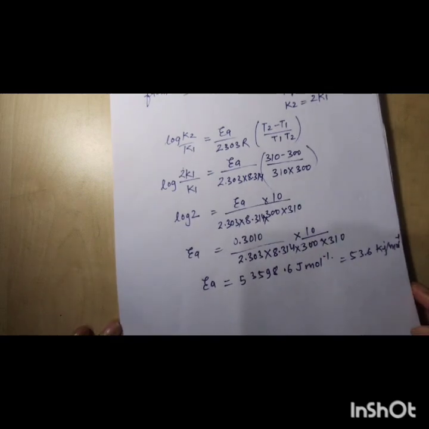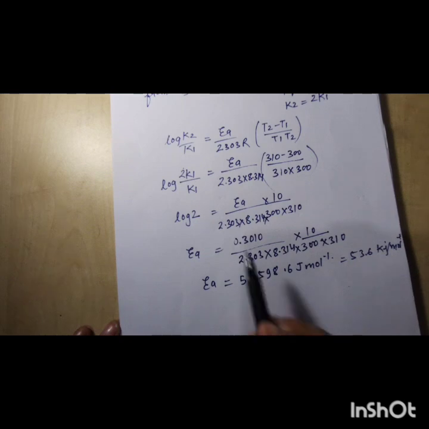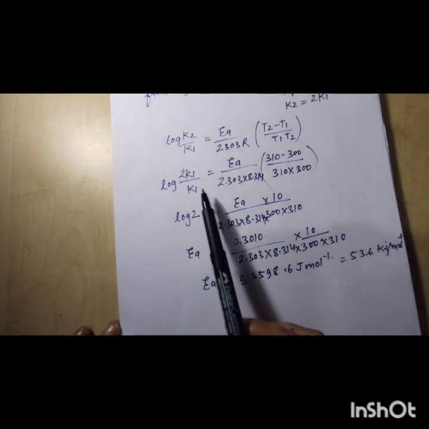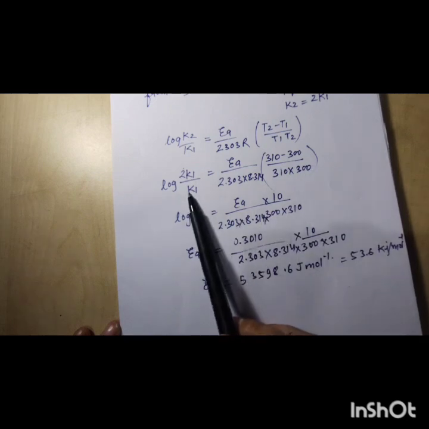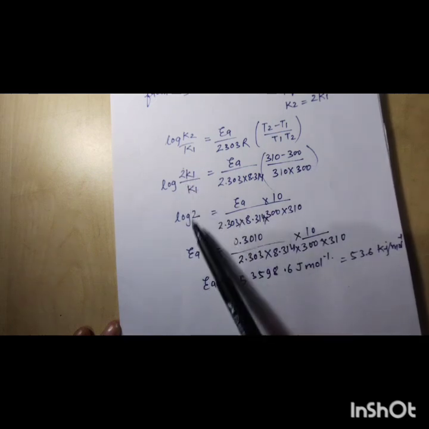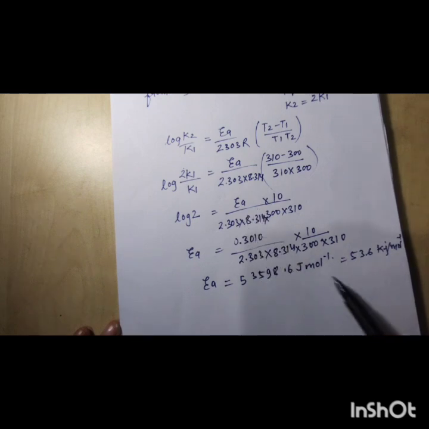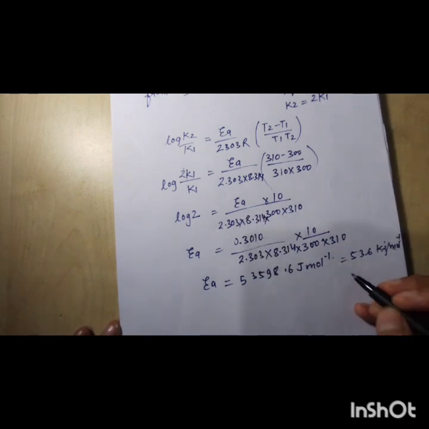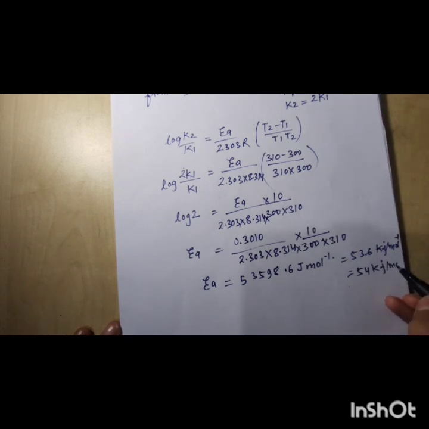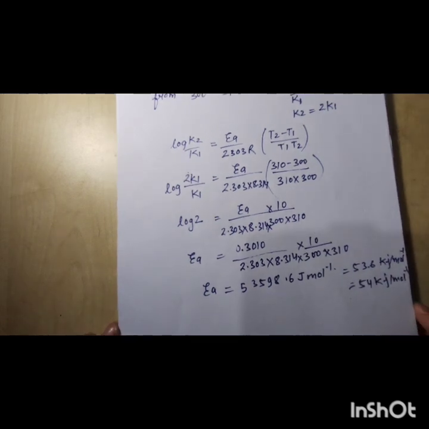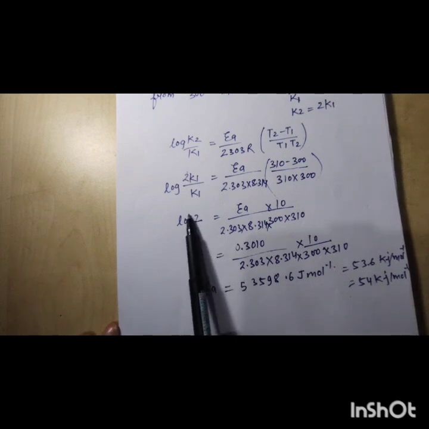So that's the derivation. If we take log K2 is equal to 2K1 and log K1, and here energy of activation is taken around 53.6 kilojoule or 54 kilojoule per mole. Here the rate will be double.